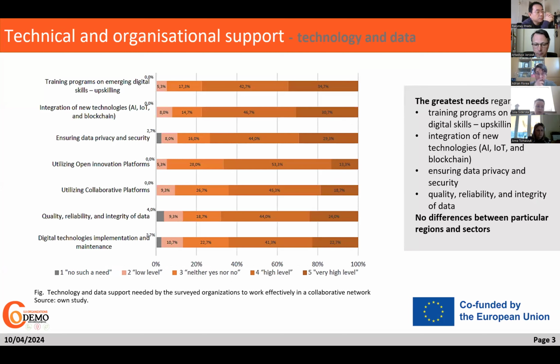The technical and organizational support for working effectively in a collaborative network referred to 4 groups. Considering the first one, technology and data, the majority of the respondents indicated that their need for this kind of support is at a high or very high level. They expressed the greatest needs regarding training programs on emerging digital skills, so upskilling, and over 75% of them indicated this support.